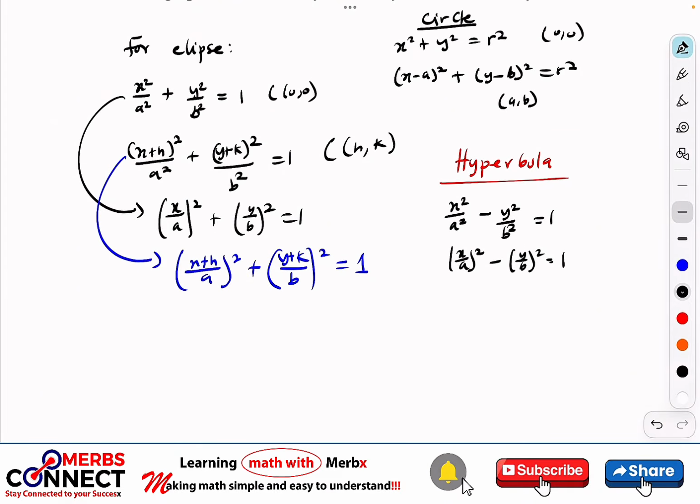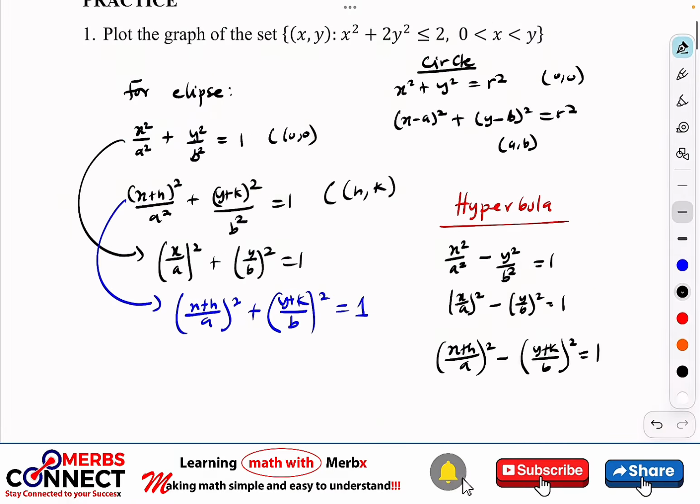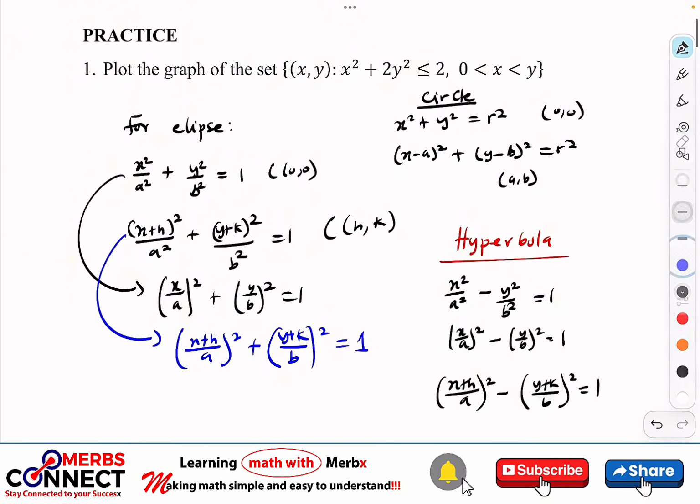And then, please make sure you write these formulas somewhere so that you can refer to them. And then we are going to have ((x plus h) divided by a) squared minus ((y plus k) divided by b) squared is equal to 1. So these are the three things that we are going to use in this course. So please make sure you write it down somewhere. So I'm going to erase it, and then we are going to go through our questions.